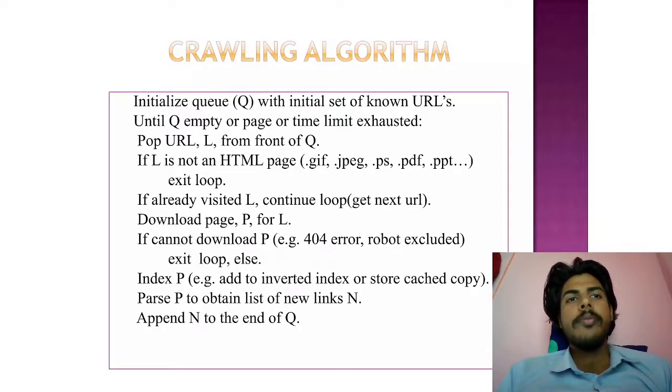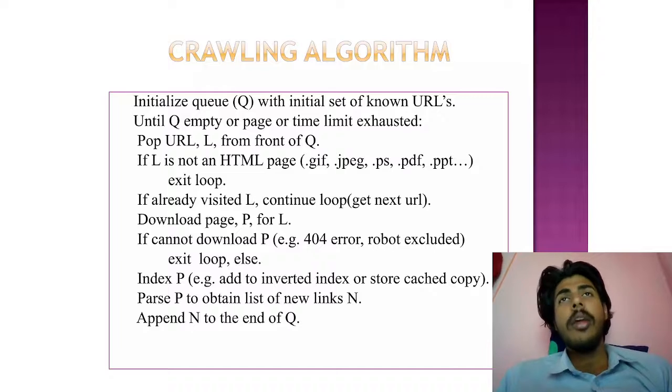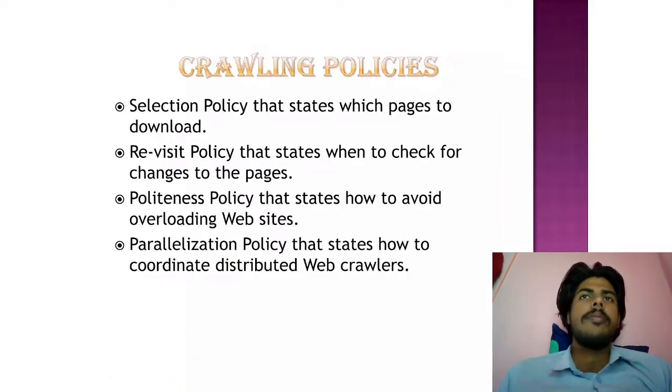Then index P, the downloaded page, add to the inverted index or store a cached copy. Parse P to obtain the list of new links N and append N to the end of the queue. This is how the crawling algorithm actually implements itself to work on the web pages.